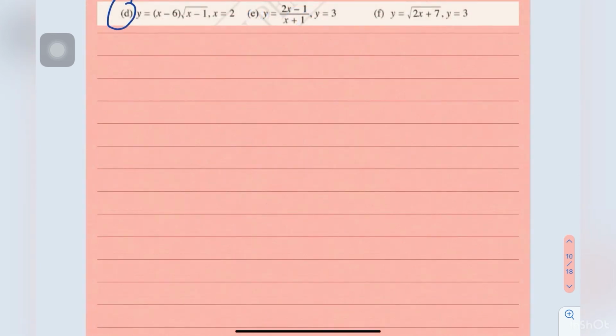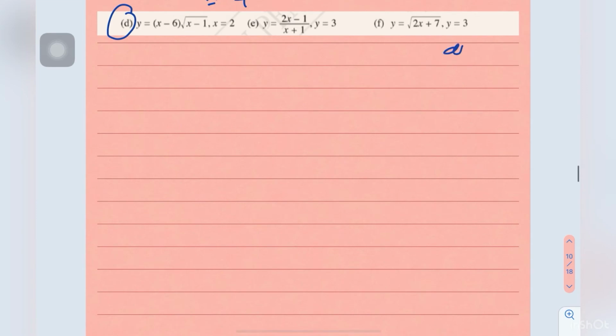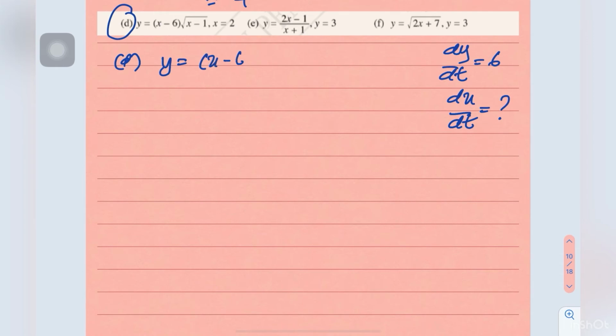Question D. Okay, dy/dt is 6. Find dx/dt. So y is x minus 6 times the square root of x minus 1, when x equals 2. This one you have to find dy/dx first. You use the product rule.